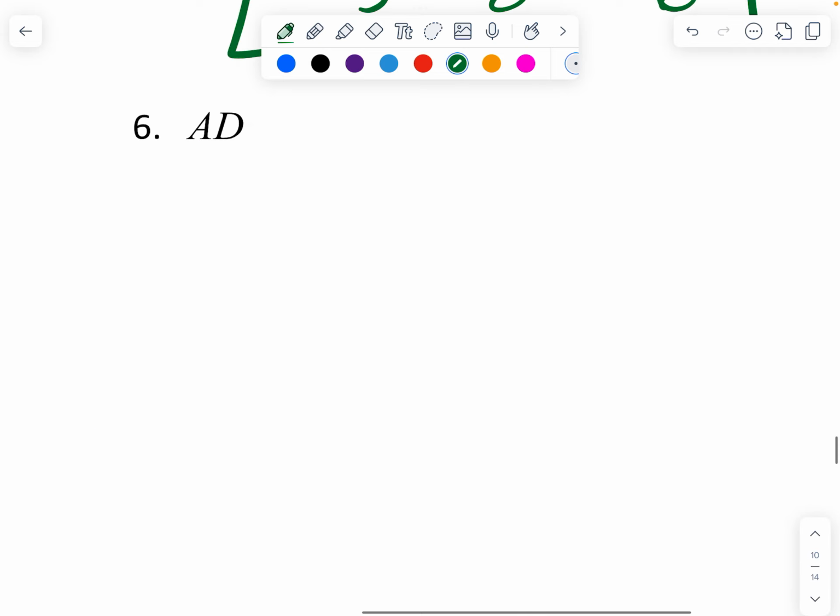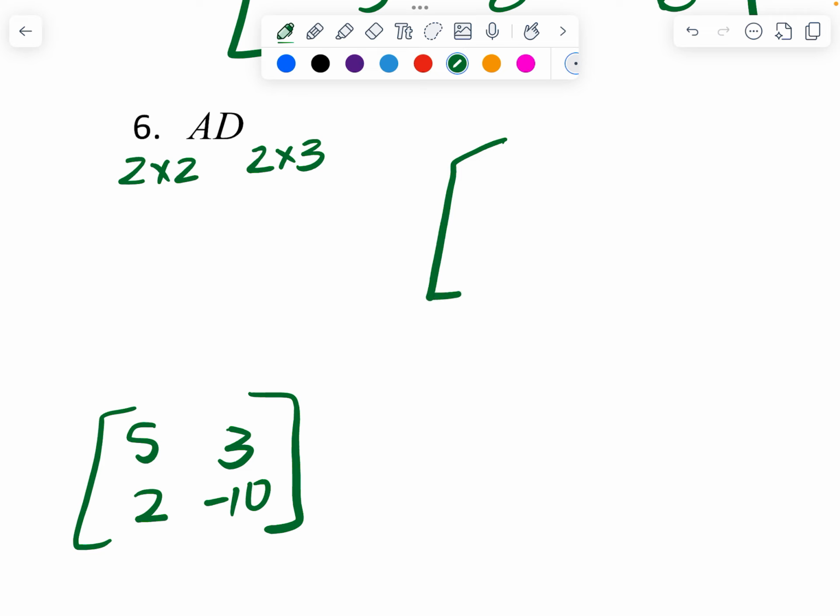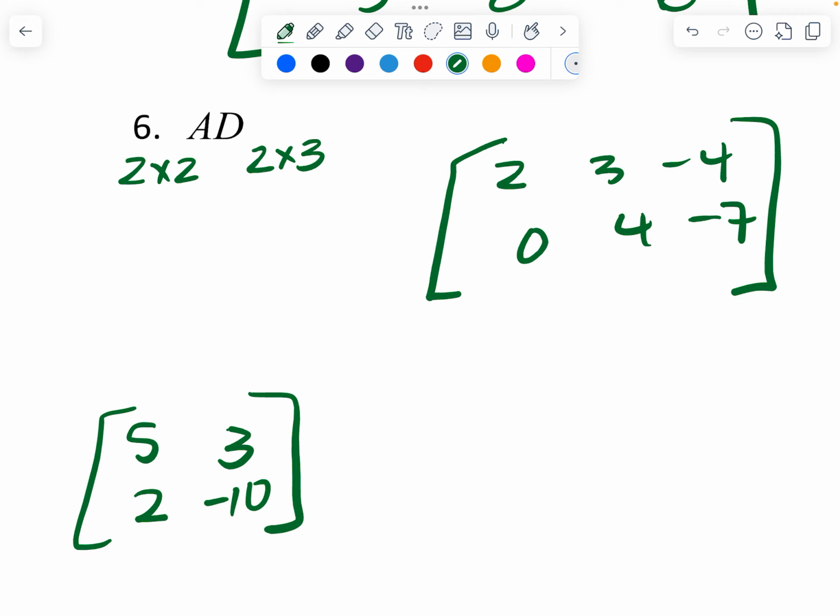Then this one. Now, this is a 2 by 2, and this is a 2 by 3. Now, that is possible. So A is 5, 3, 2, negative 10. And D is 2, 3, negative 4, 0, 4, negative 7.